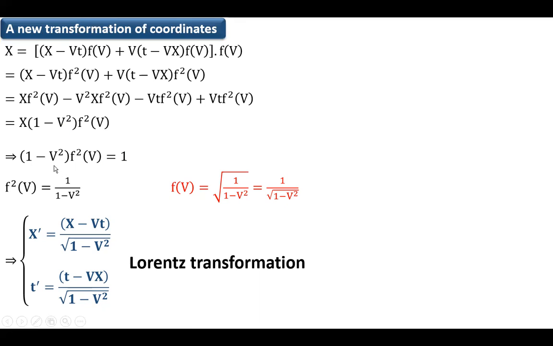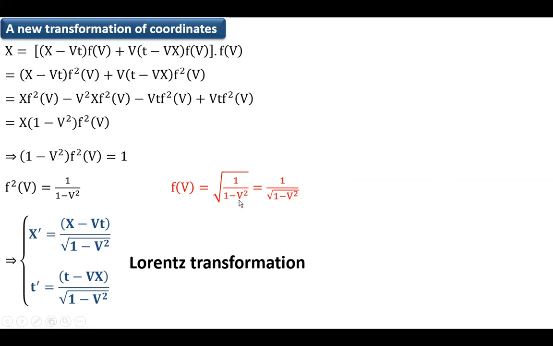So (1 minus v squared) times f squared of v is equal to 1. So f squared of v is equal to 1 over (1 minus v squared). So our famous function f of v is equal to the radical of 1 over (1 minus v squared), or equivalently 1 over the radical of (1 minus v squared).